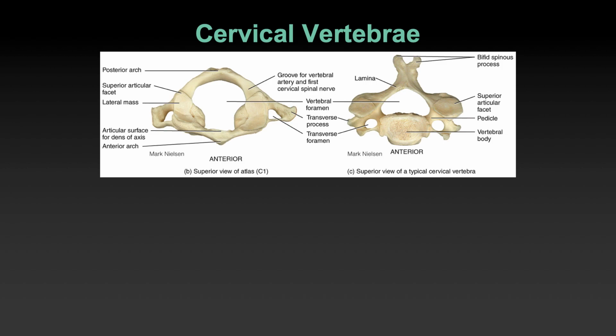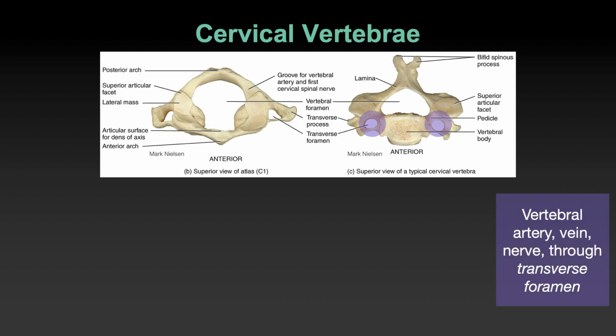Another interesting feature that we didn't see on the last slide is that these are the only vertebrae that also have holes next to the arches. There are other foramen which serve the purpose of transmitting vertebral arteries up into the skull. The rest of the vertebrae don't have these holes.